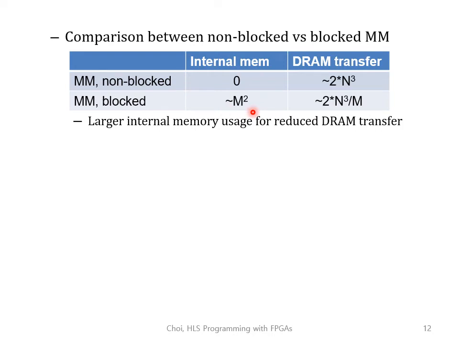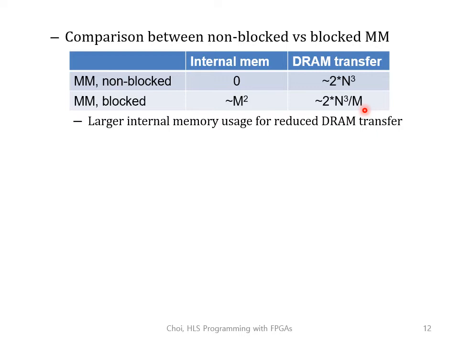So there exists a trade-off between the internal memory usage and the DRAM transfer, and this is typically a good trade-off, because if we go with the non-blocked version, like in the last lecture, the DRAM transfer overwhelms the available resource, and the performance is going to be awful.